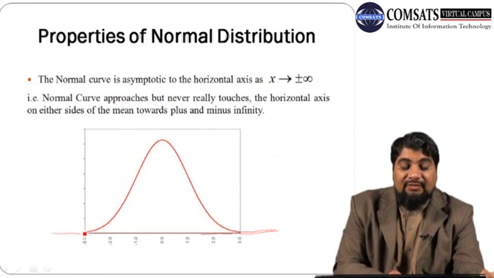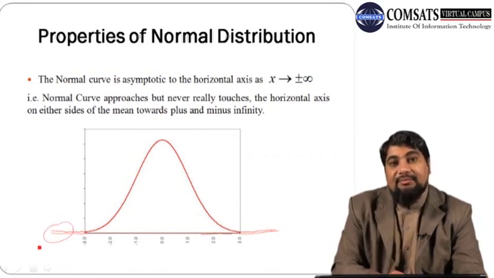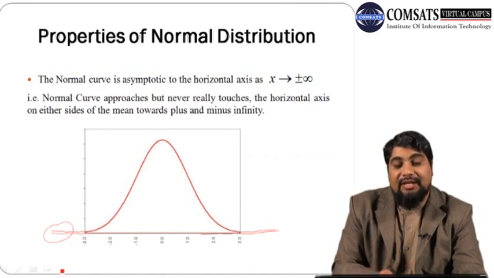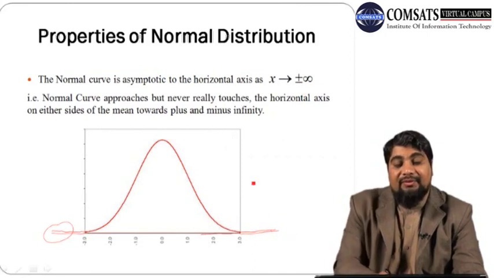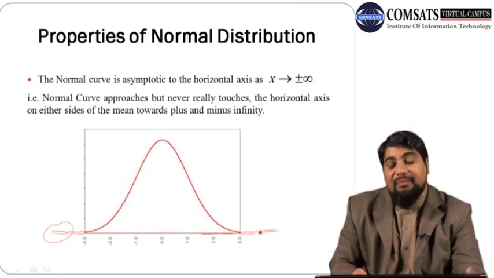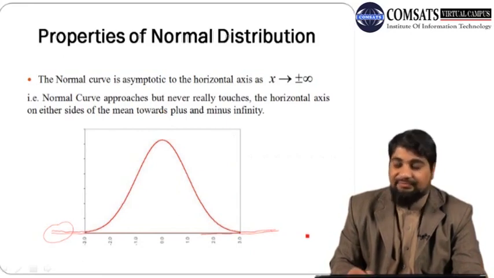This is called the asymptote. So when x takes values plus infinity or minus infinity, the normal curve runs parallel to the x-axis, getting closer and closer, but it never touches the x-axis.